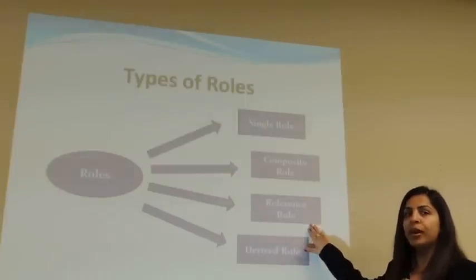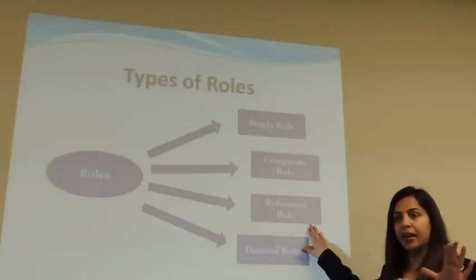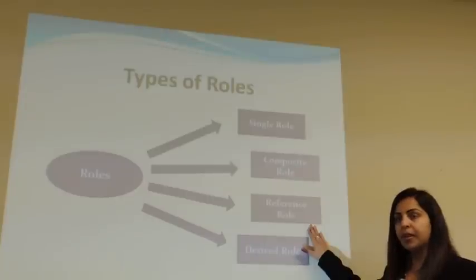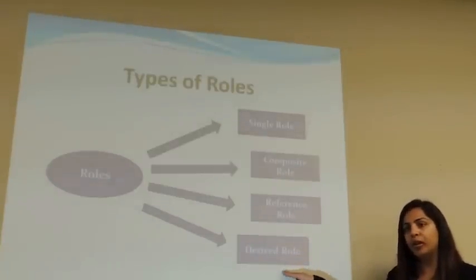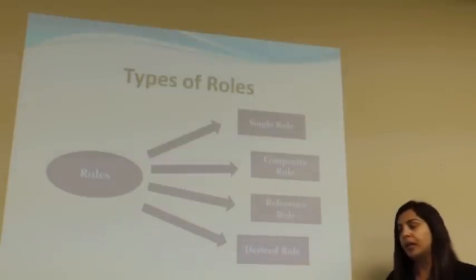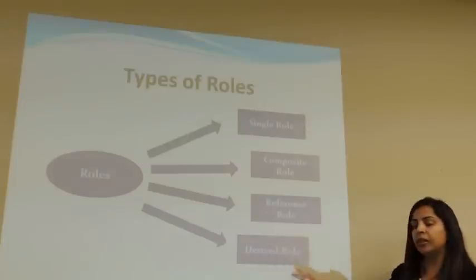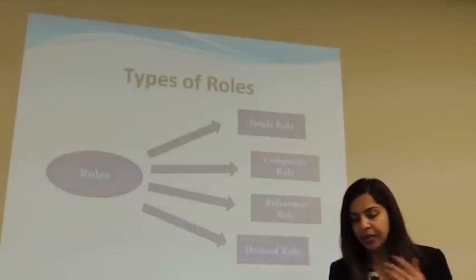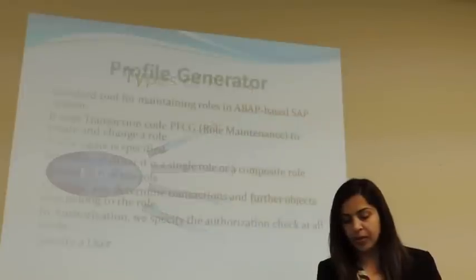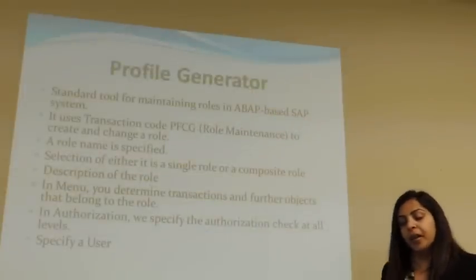It takes the reference role as a template and derives different roles from it. It might have certain authorizations assigned to one role and might not have those same authorizations in the second role. But the whole concept will be from the reference role. So these are the different types of roles we managed to put here.